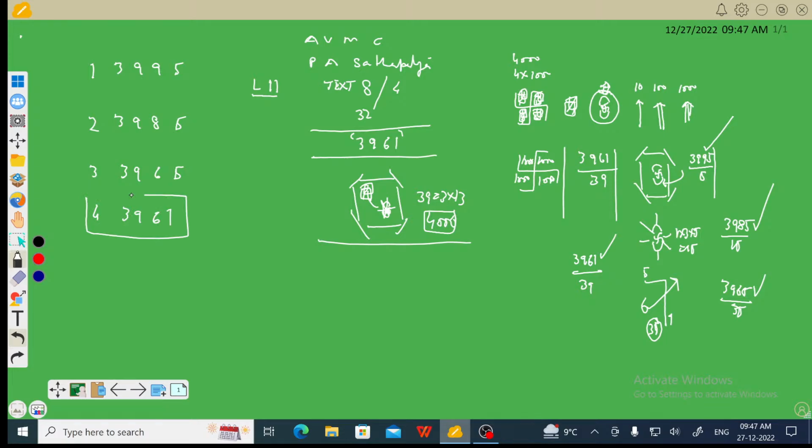which is a basic text, and the organization of these 3961 sutras into 1 to 32 padas.